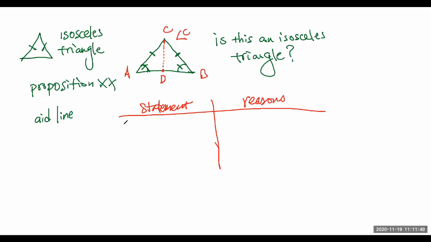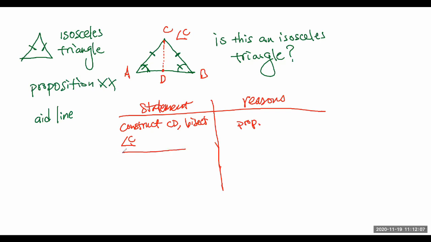The first thing is we're going to construct CD, which bisects angle C. And we know we can do that, because one of the propositions has that.